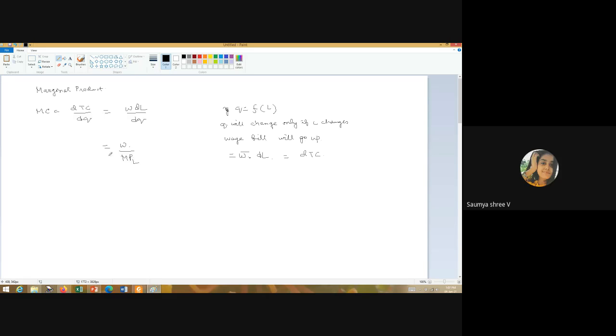So marginal cost is equal to W by MPL. So this is one relation that you should keep in mind.